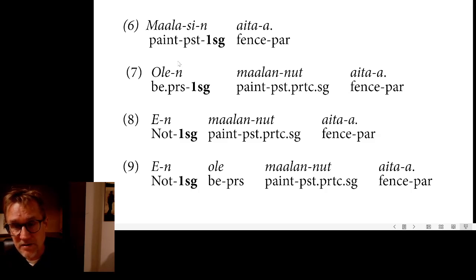So you compare this olen with the form ole. What happens is that the first person singular suffix jumps into the negation and disappears from the auxiliary. So the Finnish speakers always seem to be putting it into the first or highest element. That's the rule that you can come up with as a first approach.